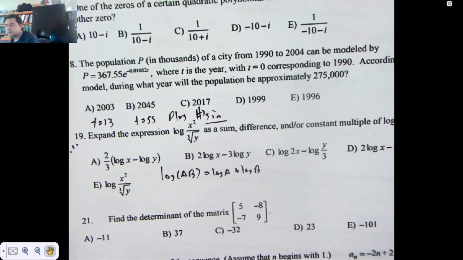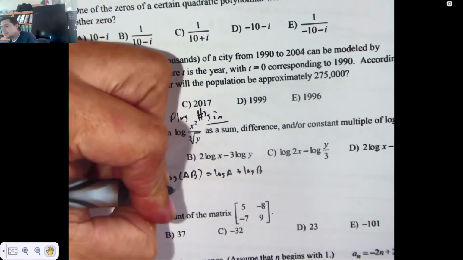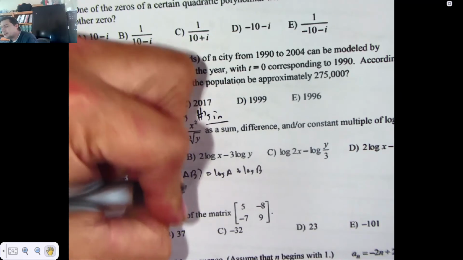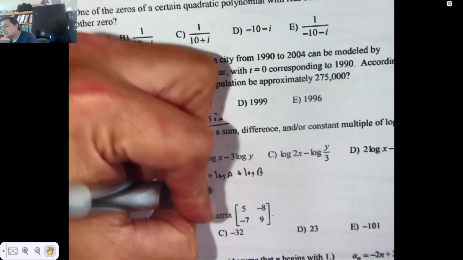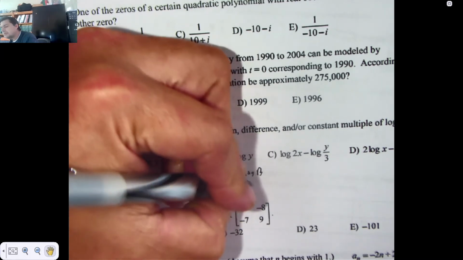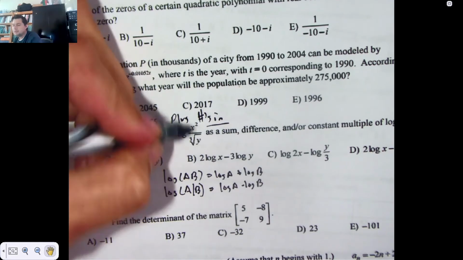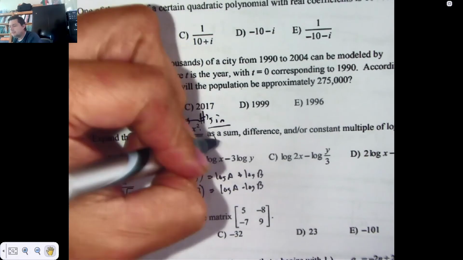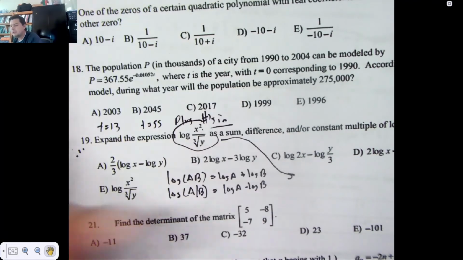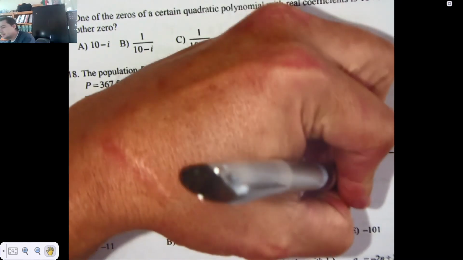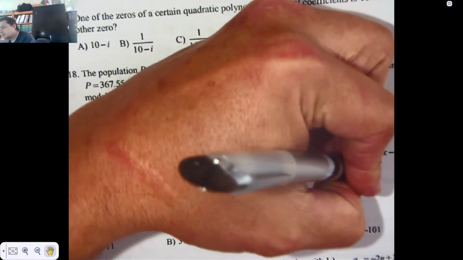That's not the one I want, by the way. There's this one. There's log of a over b can be broken apart as log of a minus log of b. That's the one I want, okay? So I'm going to take this bad boy right here, and I'm going to break it into 2 distinct logarithms. I would have log of x squared minus log of the cube root of y.